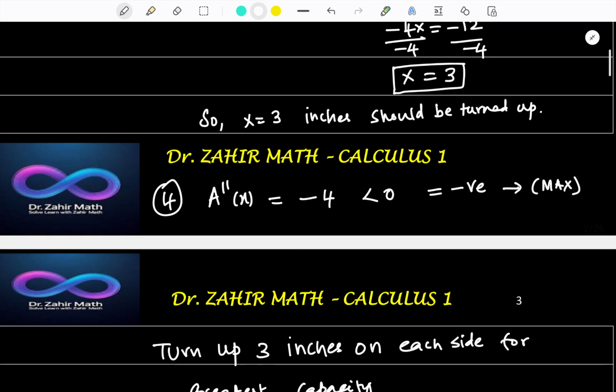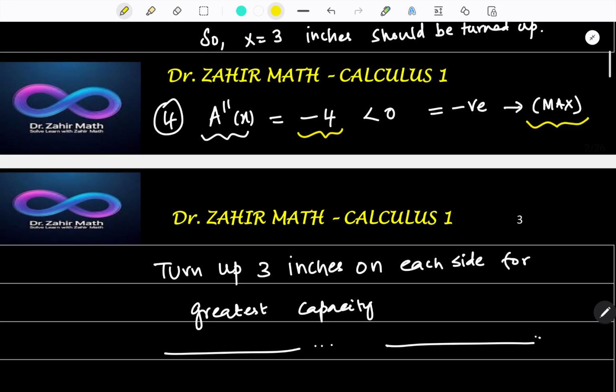For that I'm using the second derivative. Once I calculated A double dash of x, I'm getting negative. Once I get negative, automatically it's going to become maximum. So finally you're going to write the answer: turn up 3 inches on each side for greatest capacity. So from this, we are going to finish this question.